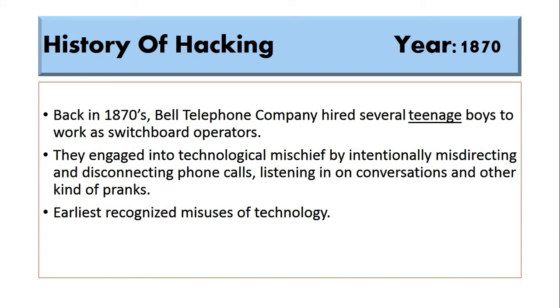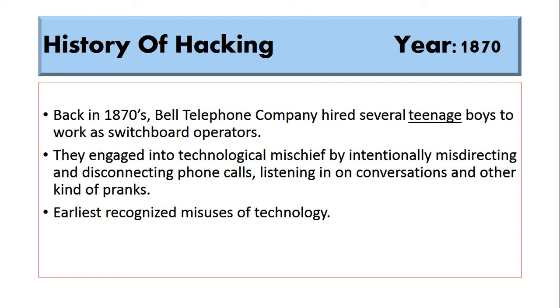Now, for hacking, we have to travel to the 1870s. Back in the 1870s, the Bell Telephone Company hired several teenage boys to work as switchboard operators. And you know what these boys did? They overheard conversations. They cancelled conversations, which basically means they declined them.